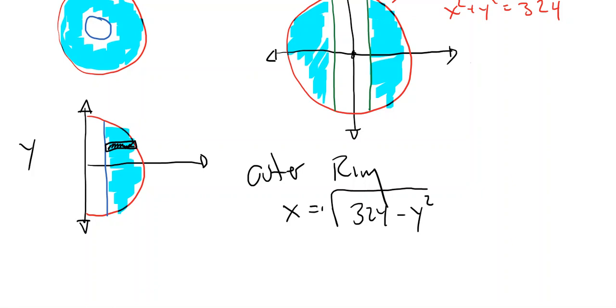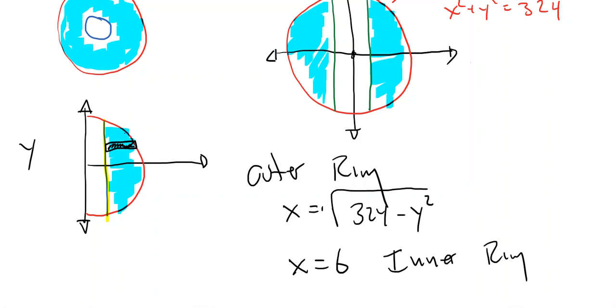Well, the inner ring is simply x equals the radius, which is 6, of the hole that's being taken out. There's x equals 6. This is the inner ring.